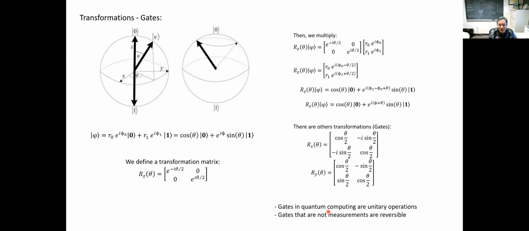But the concept is, because we have this three-dimensional sphere, you need to have this complex system with two complex numbers to describe the direction and the phase of the qubit.